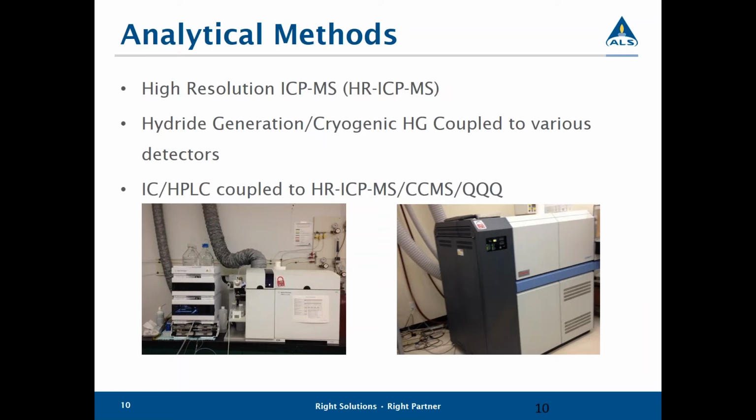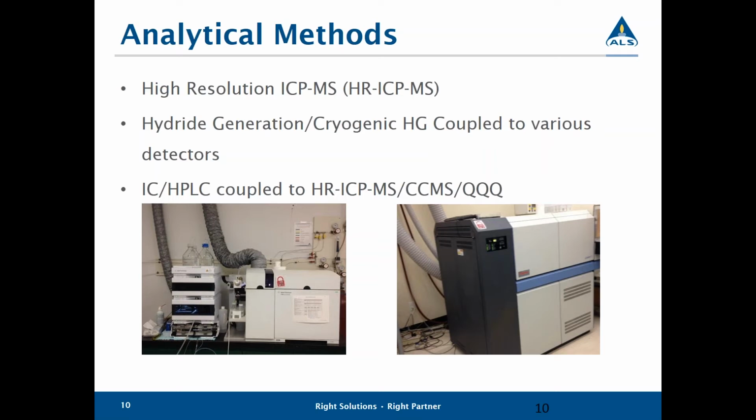For our particular projects, once you've sorted out your ICP-MS detector or collision cell ICP-MS, when it comes to speciation, there are various ways of looking at that. You can have IC or HPLC, and they can be coupled to high-res ICP-MS.